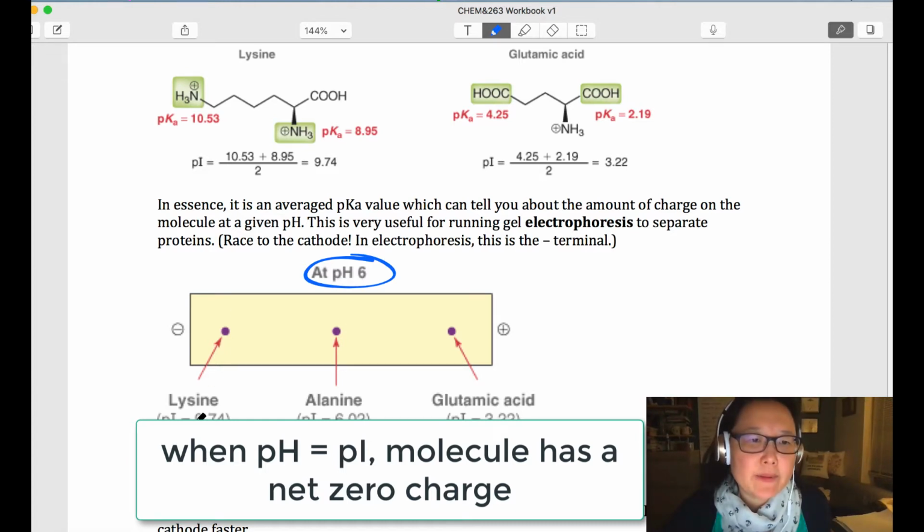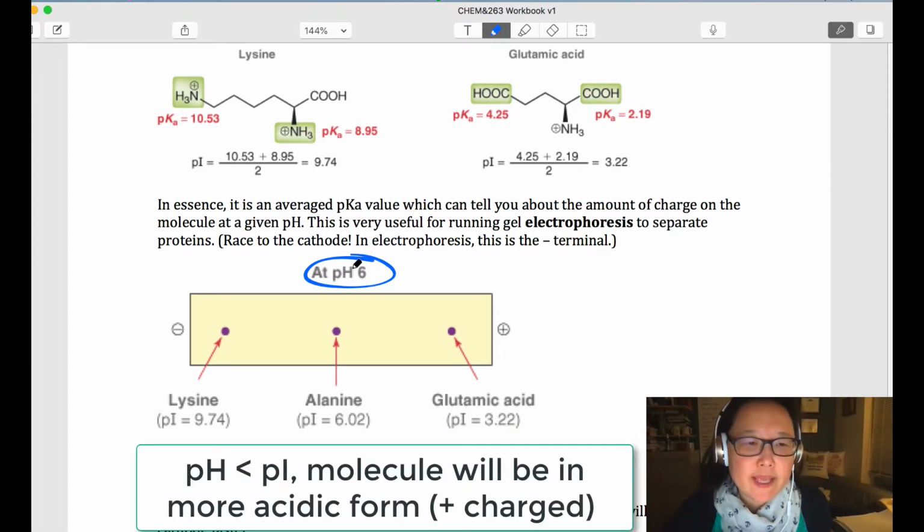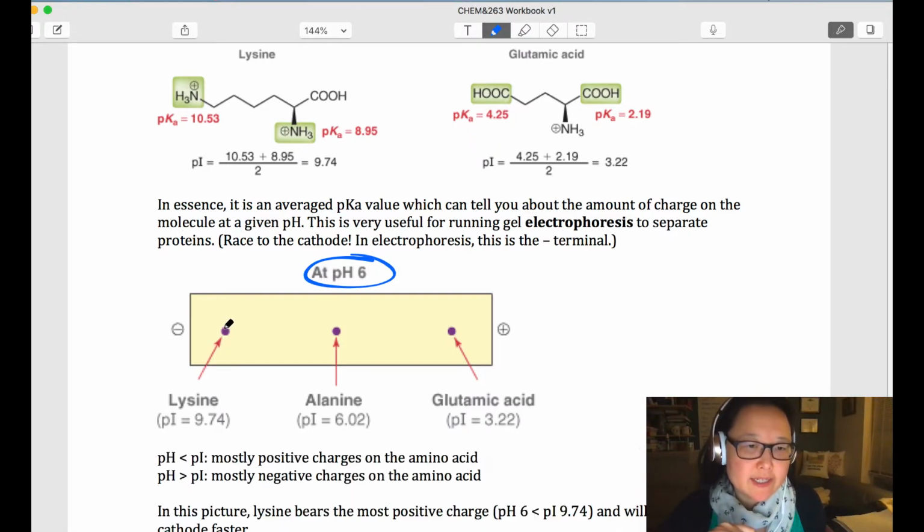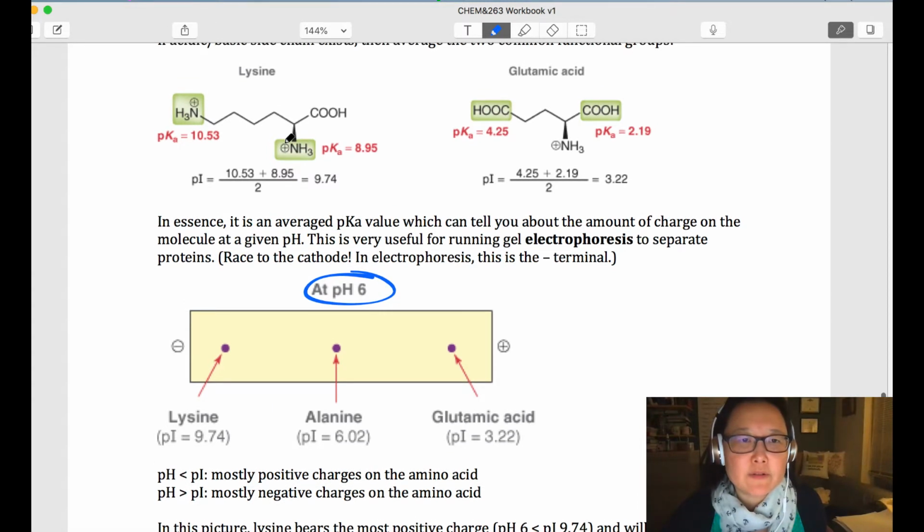But if you're at a pI greater than the pH, then you're going to end up with something with more positive charges on it. That's because your solution is more acidic than your pI, so you're going to have mostly things in their acidic form, which tends to take on positive charge, especially for amino groups, right?